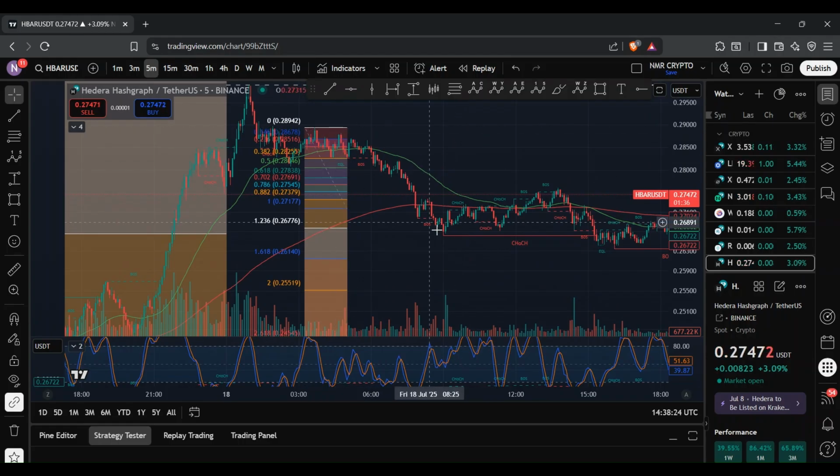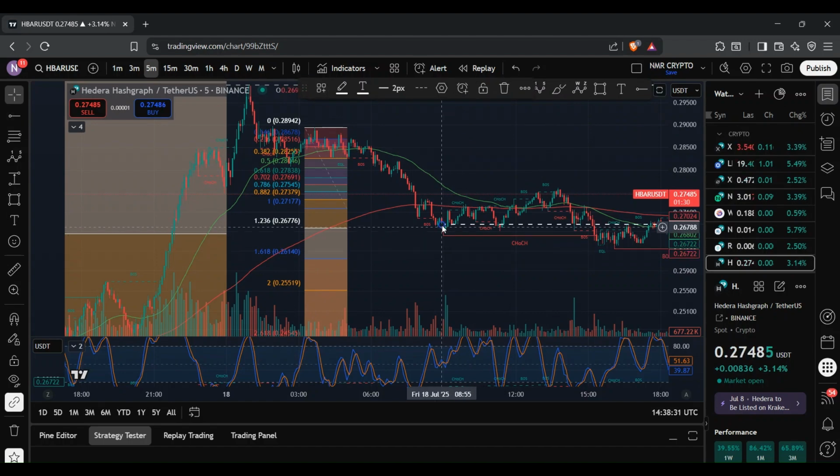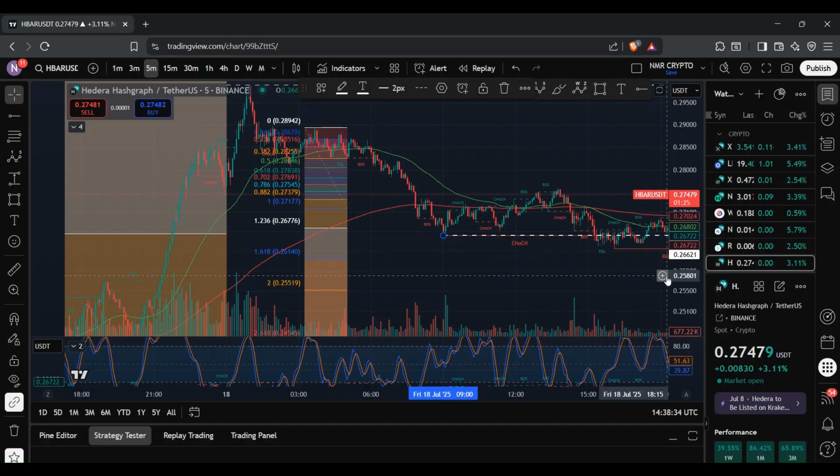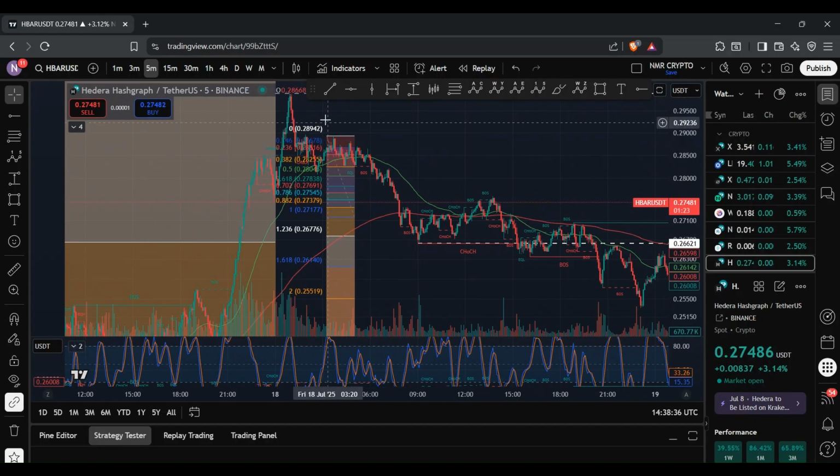This Y wave would typically retrace towards the 1 to 1.226 level, and as you can see, we ended up reaching this level here at 26.621 cents to complete the Y wave.